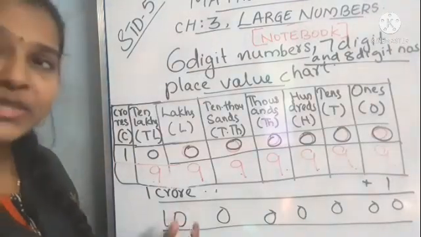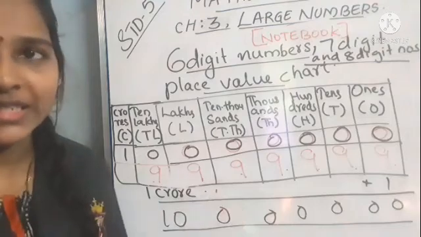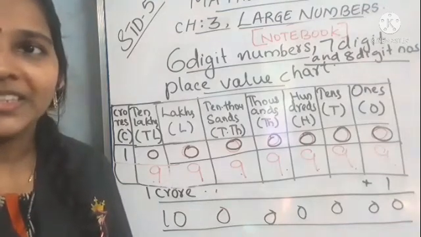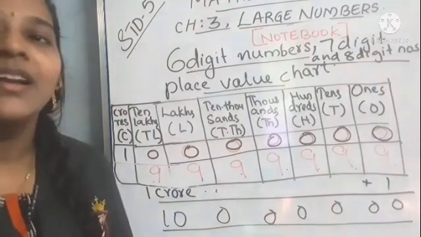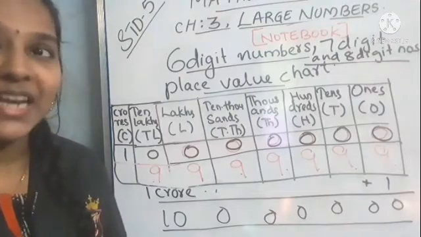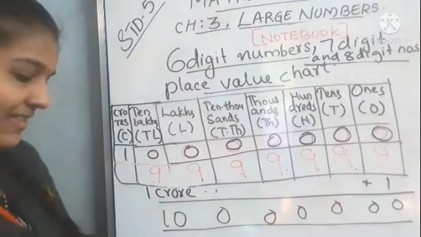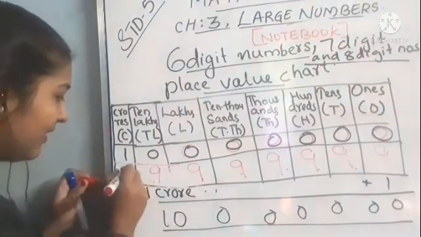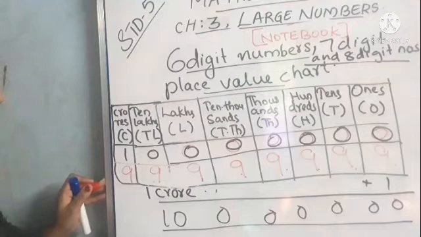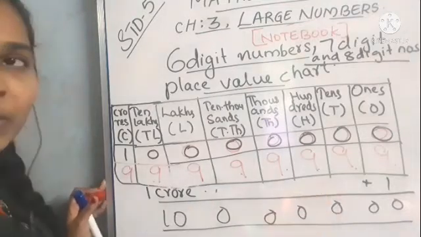Can you tell me which will be the largest 8-digit number? Yes, 9 crore 99 lakh 99,999. How can we write it? Like this, 8 nines will be there.